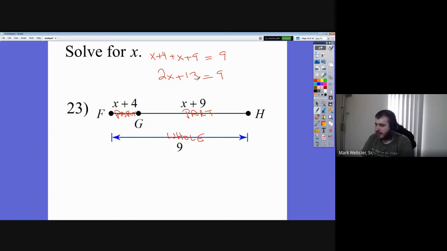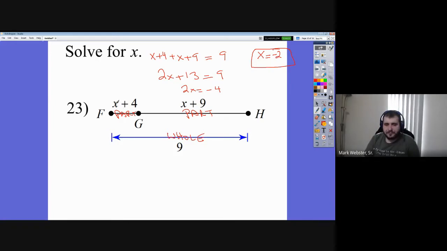Well, what's 9 minus 13? Negative 4, right? And then what is divided by 2? And so we got x equals negative 2, and that's totally fine. We're allowed to have x be a negative number, right?